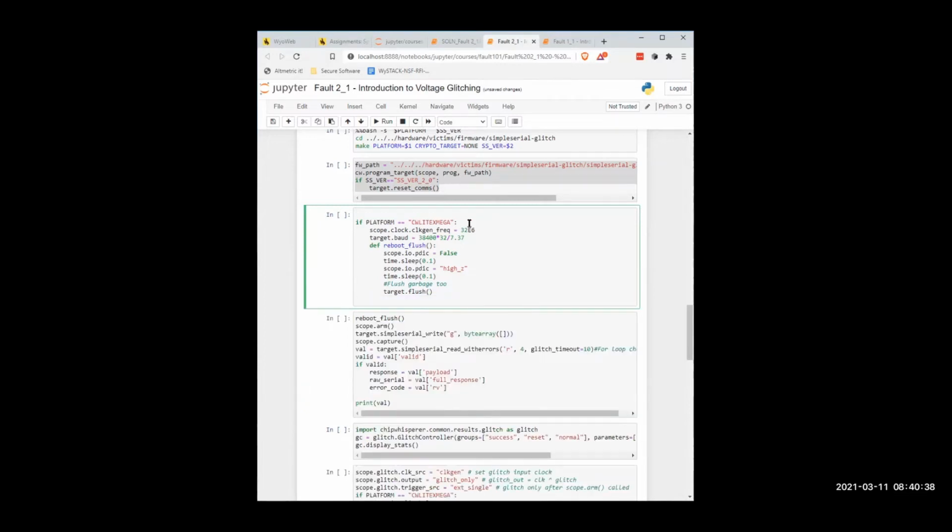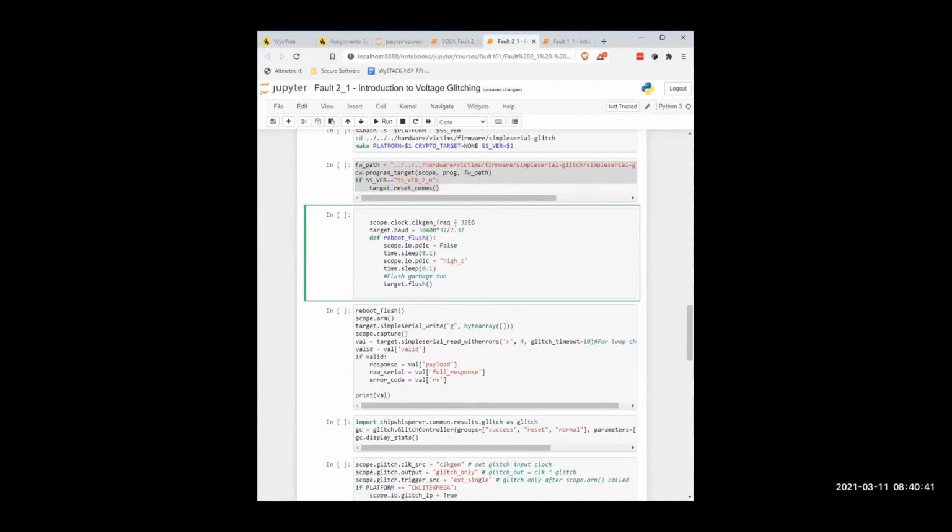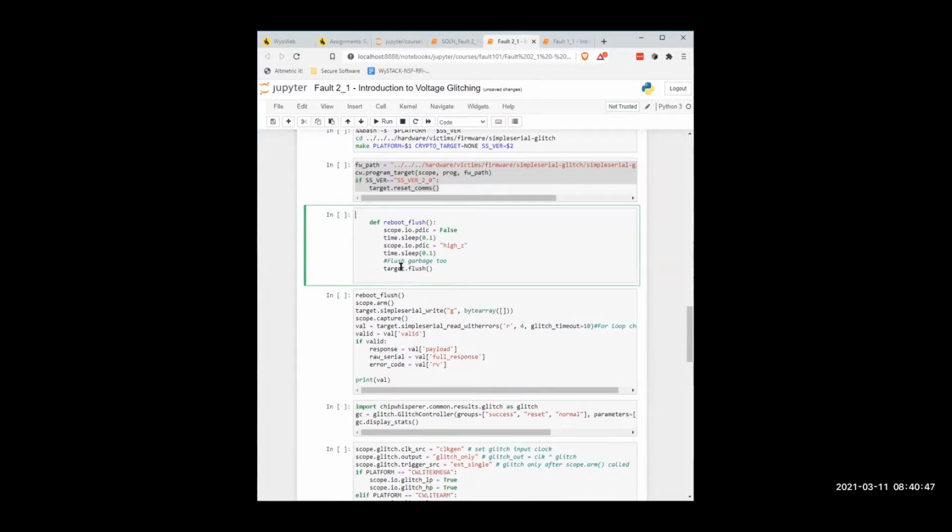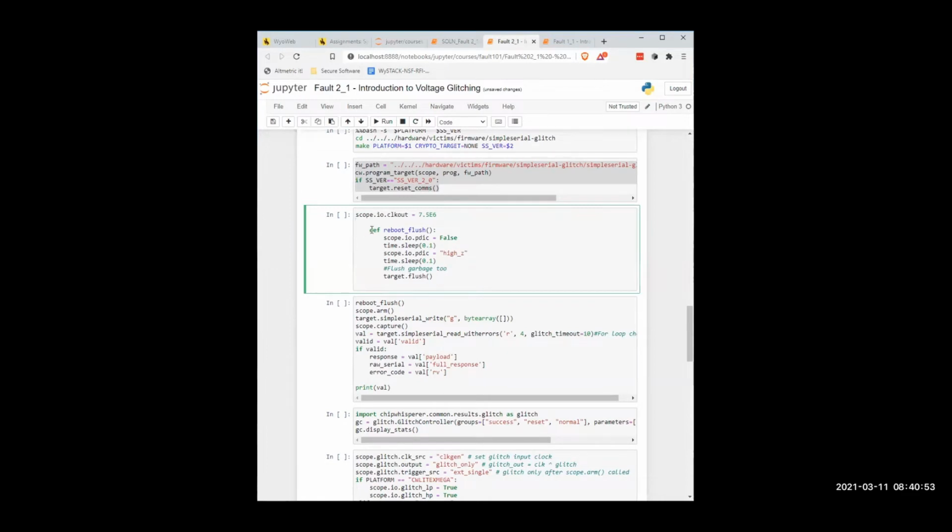So get rid of everything. You can get rid of platform and get rid of clock generation. So you're left with a flush reboot definition. That's one thing. The only other thing you need is, and this is just the useful thing, scope.io.clockout equals 7.5e6.